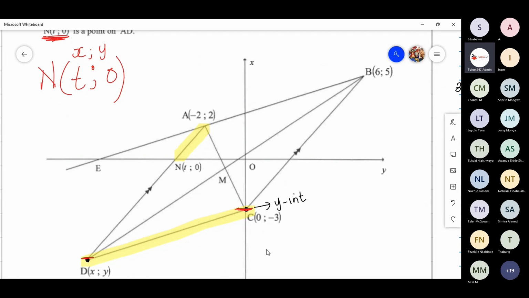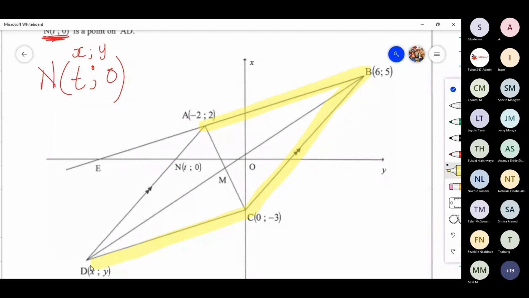So our question was to show or to prove that ABCD is a parallelogram. So let me highlight ABCD. So A, B, C, D. One method of proving something is a parallelogram is to prove that opposite sides are parallel.